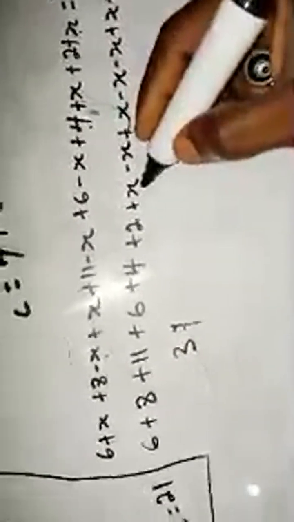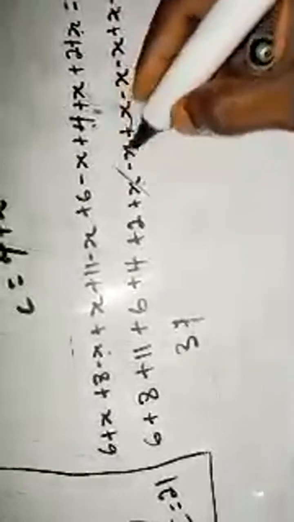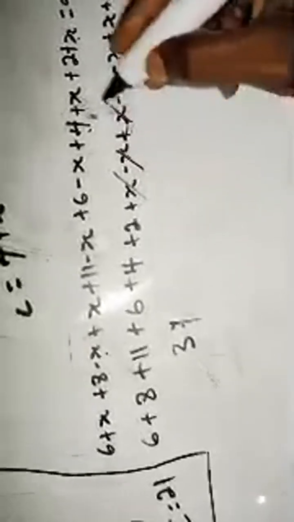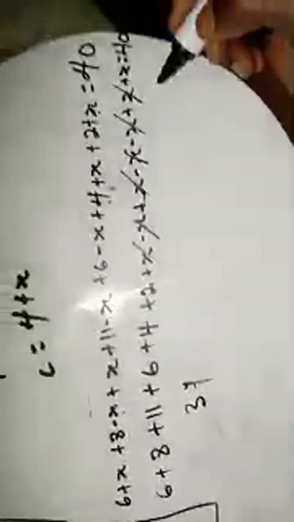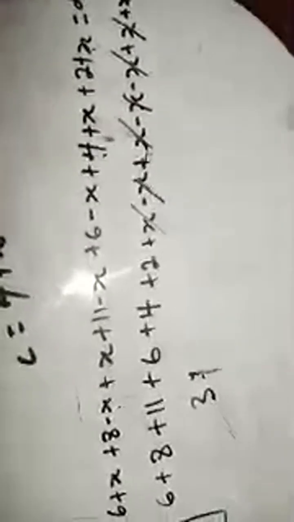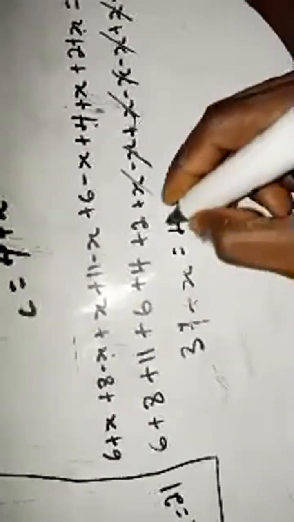From here we have x minus x, nothing is available. This minus this one also cancels. What about these? They can also cancel out. So this one can also cancel. Let's see how easy this is. We are left with just plus 8, and everything is equal to 40.